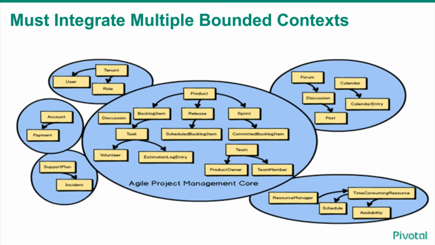Obviously, if we're going to have, for example, tenants, users, and roles, in order to derive our product owners and team members in the core bounded context, we're going to have to integrate with the bounded context that has users and roles. How will we do that? We can use reactive programming. Let's see how.